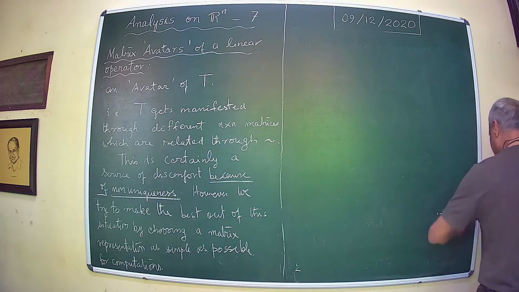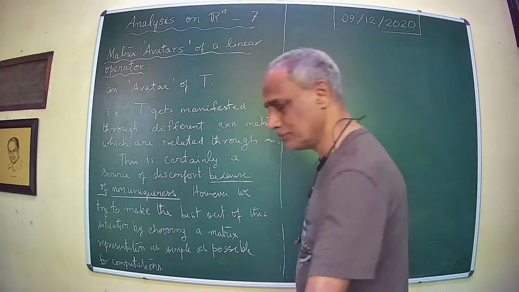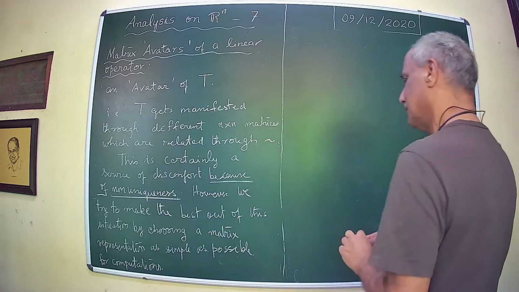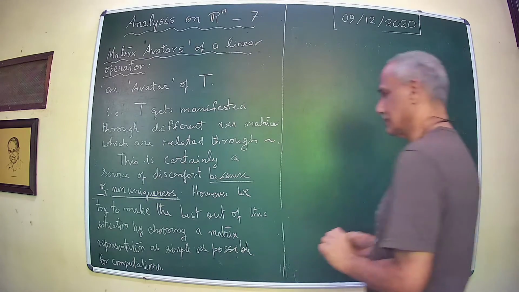Because in matrices there are two operations, namely addition and multiplication. So the two operations that you do. Okay. So for computational purpose, which is the best out of it?